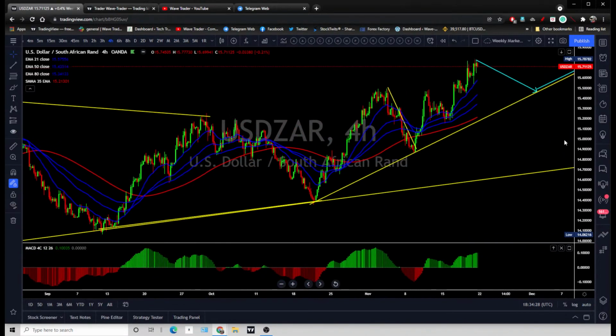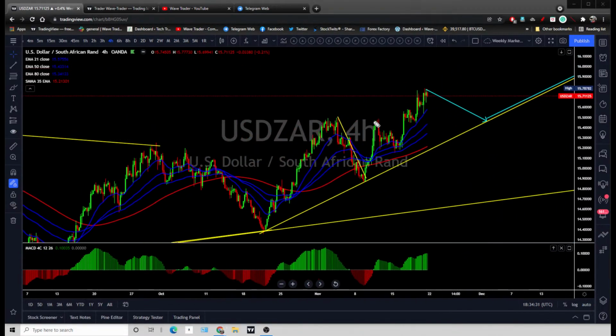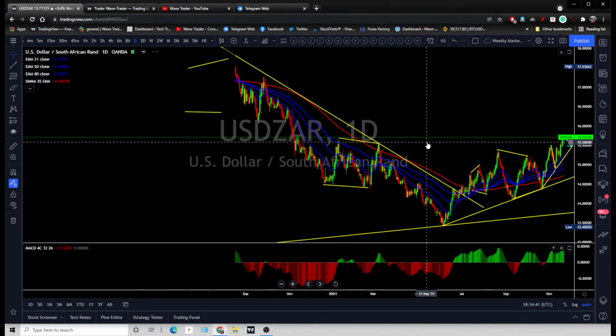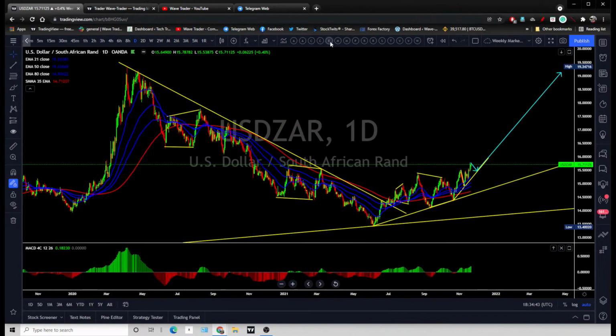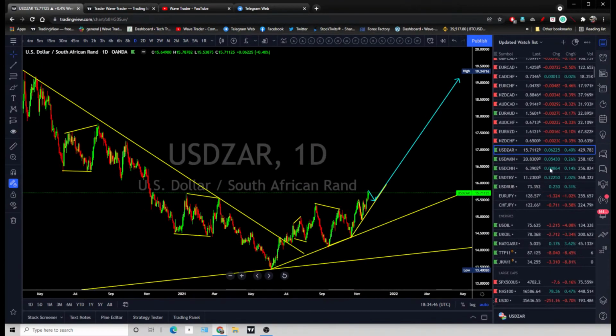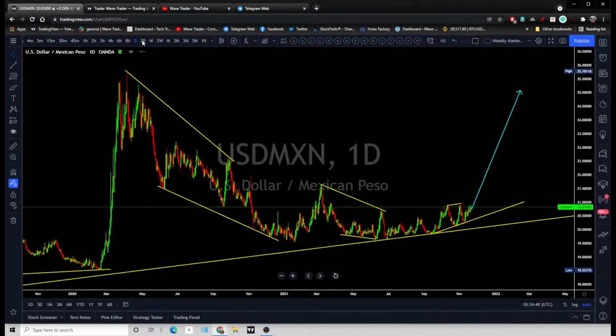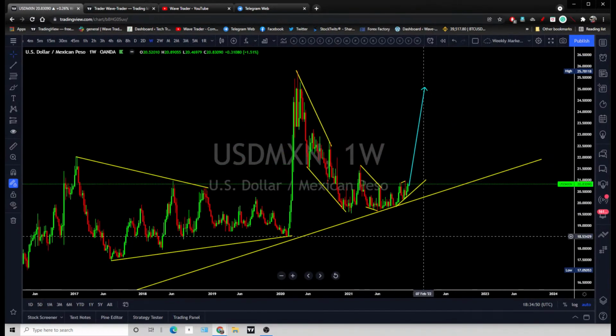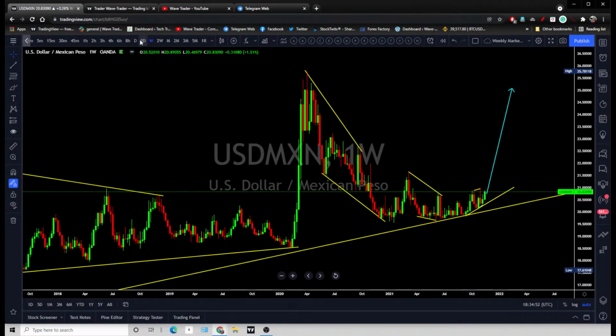Again, pullback, moving averages, simple analysis, you need a pullback over there like the price has done there. Pullback and continue its trend. All right, so moving averages make your life easier. So the dollar peso, okay, this currency is going to explode, definitely going to explode.